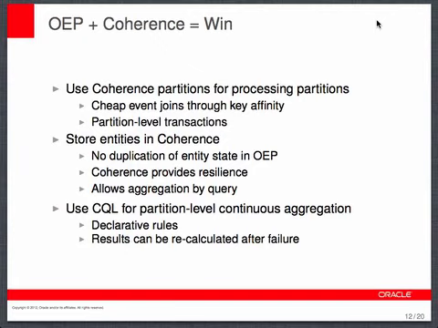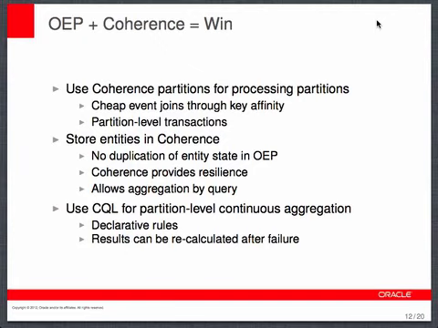We can use partition-level transactions to make sure that as we're making changes across that set of data, that they're being done atomically to the storage. So we store the actual data, the information about the entities in coherence, and we don't keep separate relations in OEP. So that's one set of state we don't need to worry about in the event processing product. We just rely on the robust coherence support for managing the data.